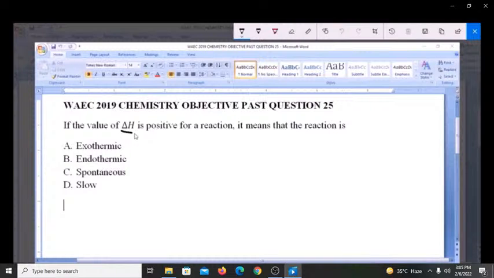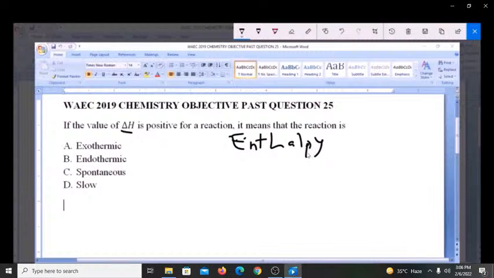Now, delta H, or change in H, represents enthalpy, the enthalpy in a reaction, or the enthalpy in a given system.